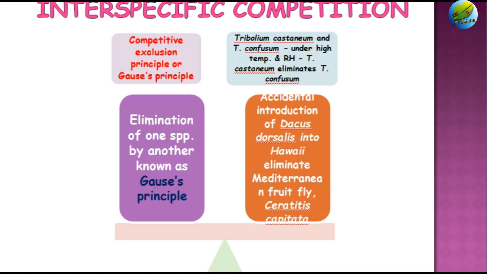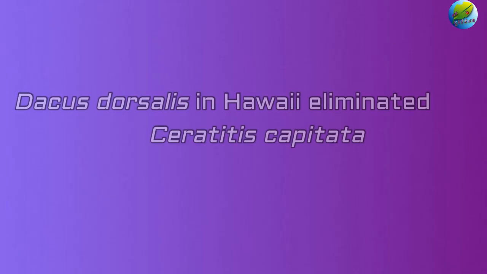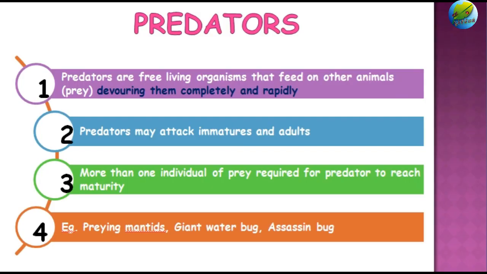Another example is the oriental fruit fly, Dacus dorsalis, which was accidentally introduced into Hawaii and eliminated the Mediterranean fruit fly, Ceratitis capitata. The next biotic component that influences the population dynamics is predators and parasites.